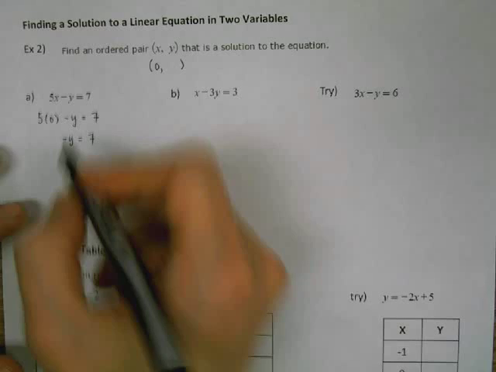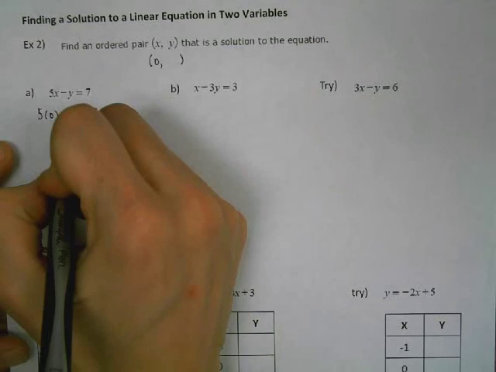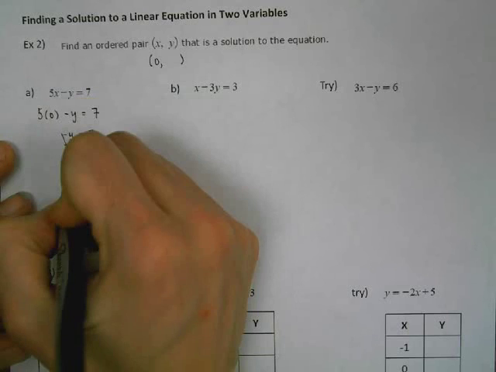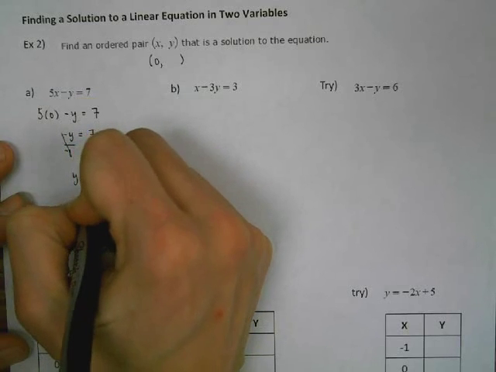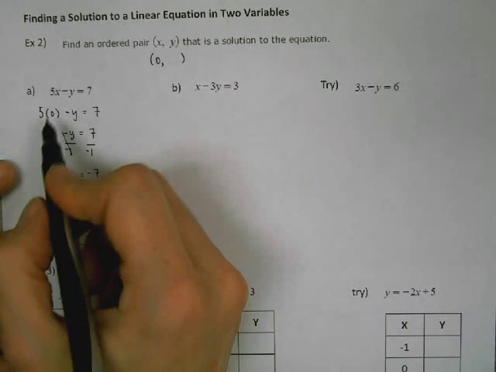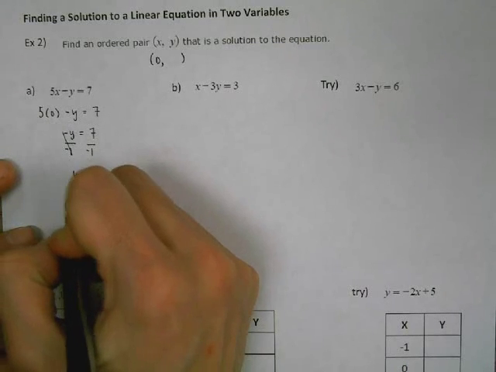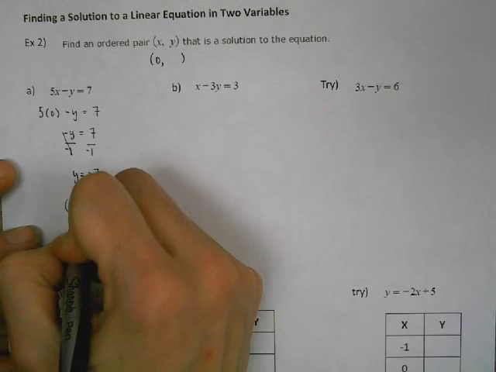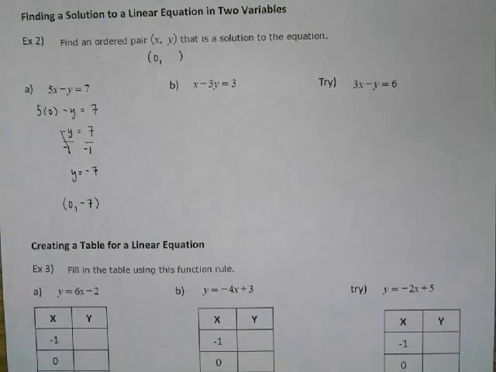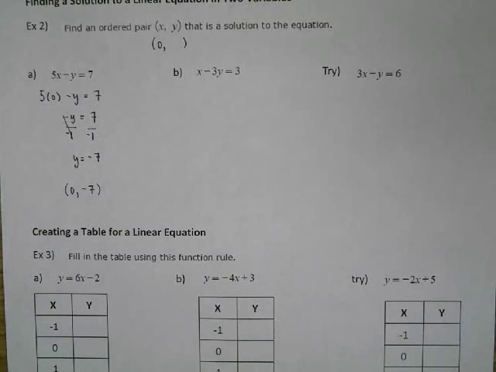Now we know from our solving days, if I want to get y by itself, I need to divide both sides by -1. And I'm going to get y is equal to -7. So my ordered pair, I plugged in 0 for x, so my x coordinate is 0. My y coordinate will be -7. So I know that 0, -7 is going to be a solution to that equation.